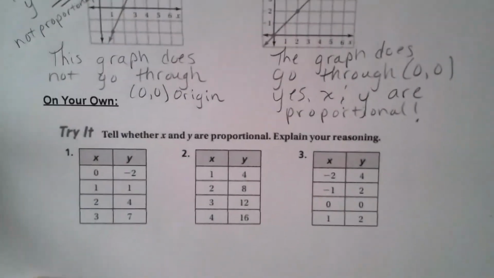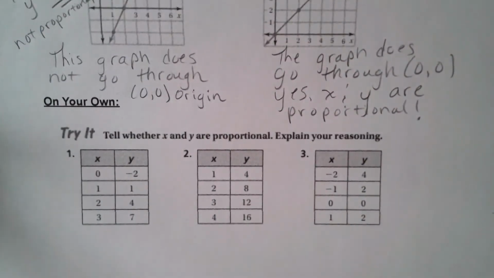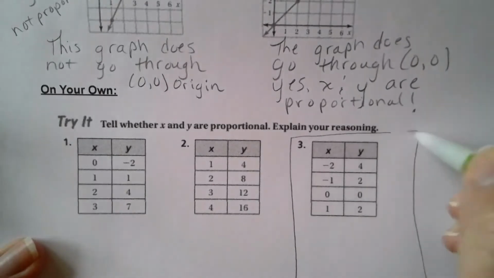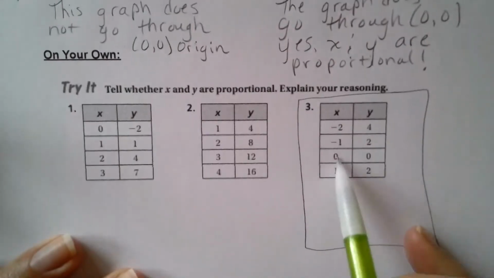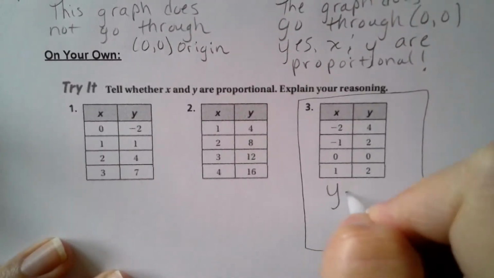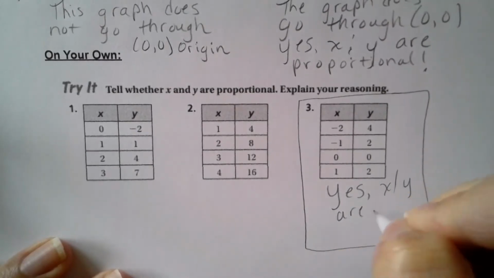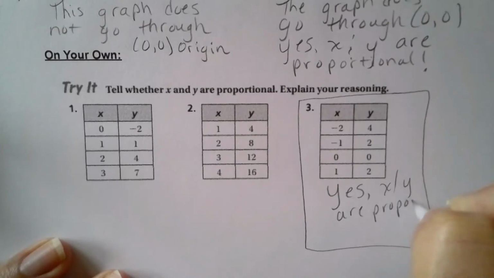All right, so if we try these, you could try it on your own. You can pause the video and see if you could figure it out. But if we look right away, this one, boom, we know this one goes through the origin because look, 0, 0. So yes, X and Y are proportional. Okay.